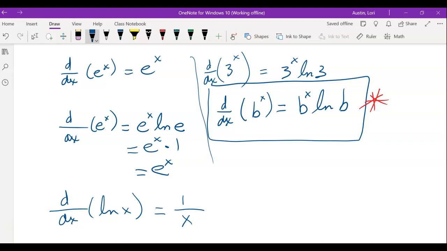And you can kind of see this in their graphs, because if you recall, the natural log graph goes like this.